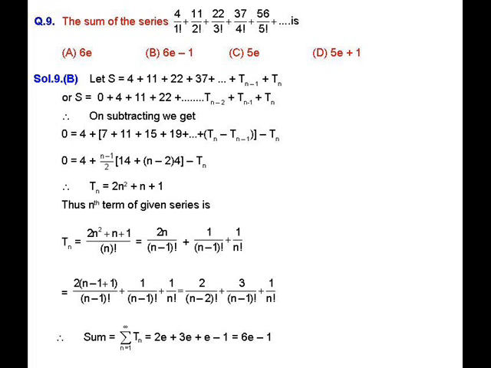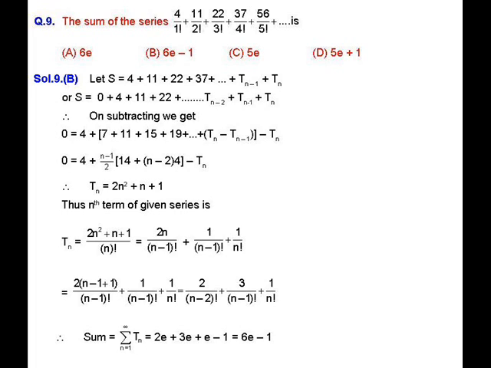Now our aim is to evaluate Tn. To evaluate Tn, we will rewrite S by shifting its first term. That is, S equal to 0 at the first place, then at the second place we have 4 plus 11 plus 22 till Tn minus 1 plus Tn.